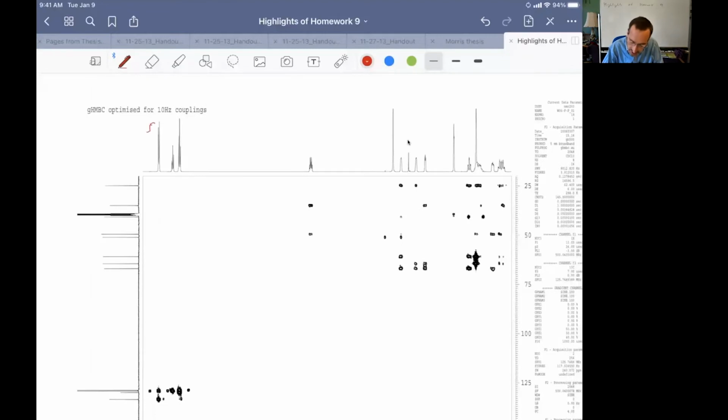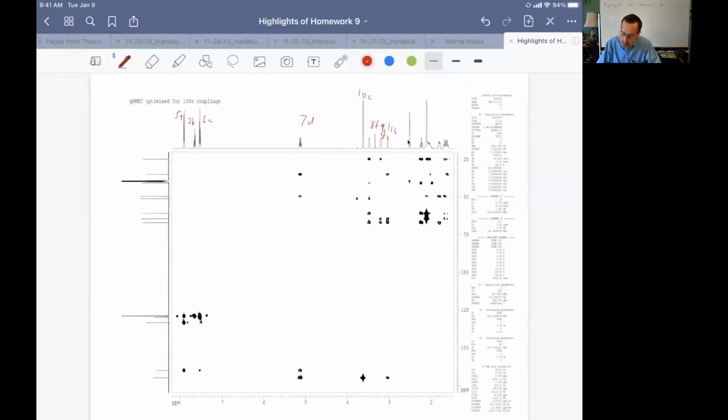We have 5A, 3B, 6C, 7D, and I'm going to show some cross peaks off of them: 10C, 8F, 9G, and 11H.